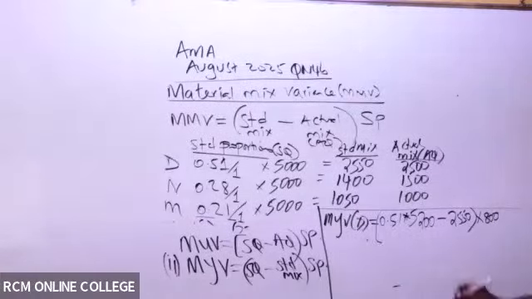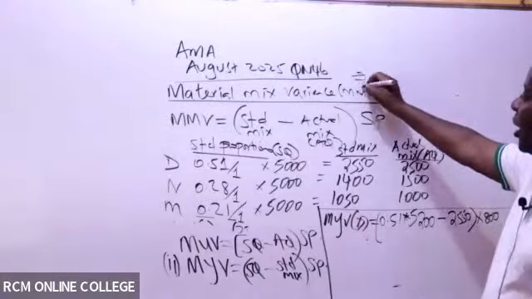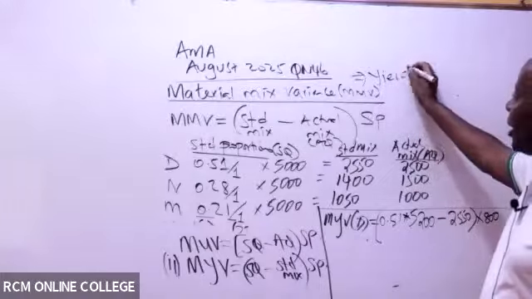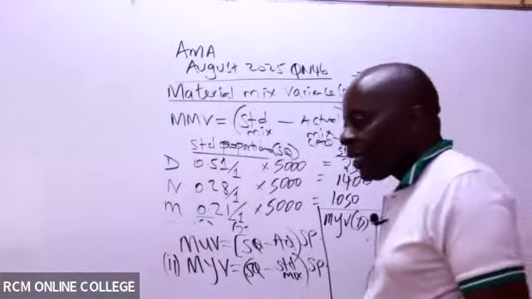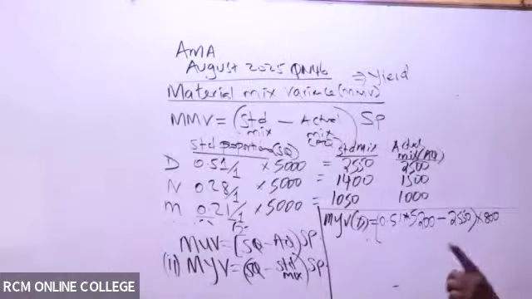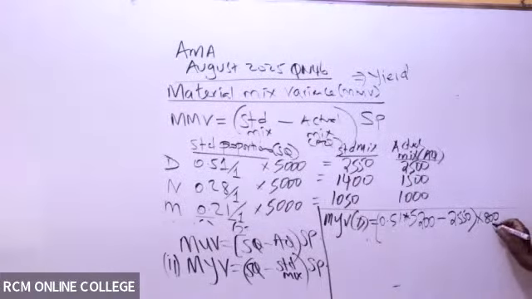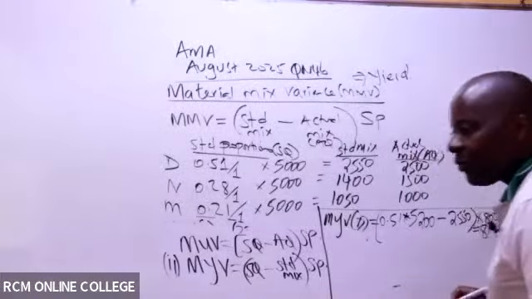So is there somebody who is able to give me the material yield variance? Yeah, they're giving me a figure of 81,600 favorable. I don't know how you got 102. Most of them are giving me a figure of 81,600 favorable.